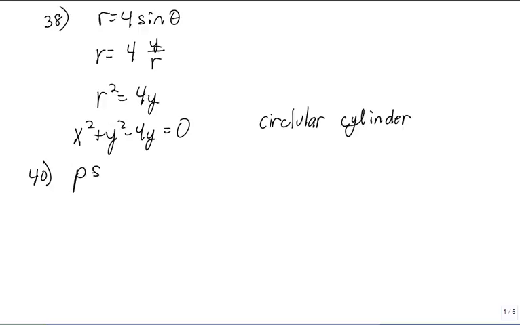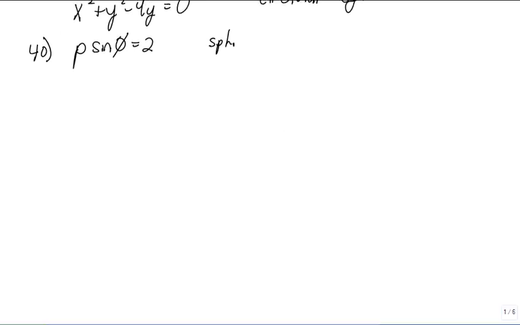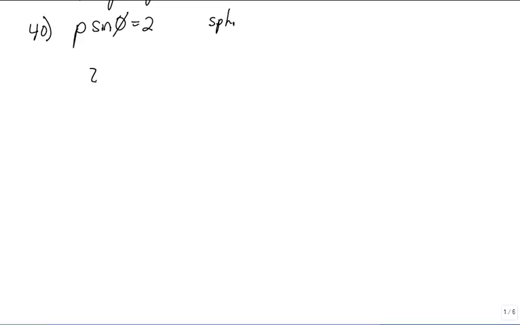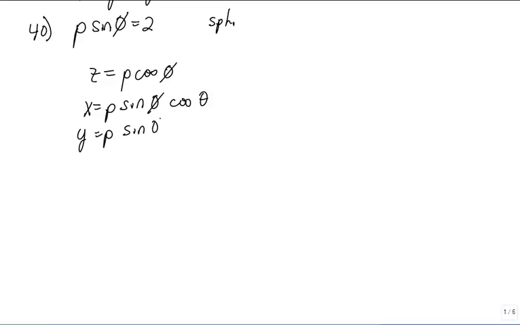40. Rho sine phi equals 2. This is in spherical coordinates because you have a phi. Z is rho cosine phi. X is rho sine phi cosine theta. Y is rho sine phi sine theta.